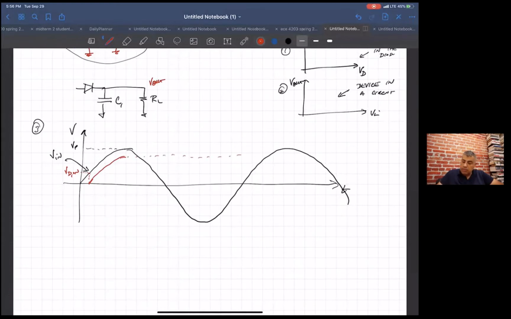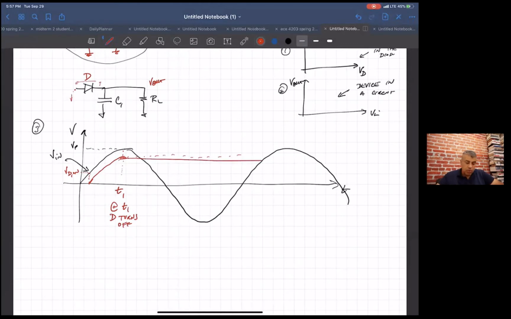But indeed, at this point, let's call this T1, the diode D turns off. The reason it's turning off is because this point is going lower than this point, and there's no way for the diode to pull current. But your load resistor starts pulling current, so you start getting this drop.